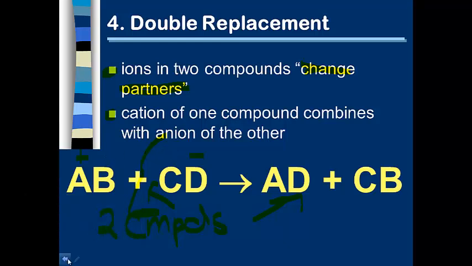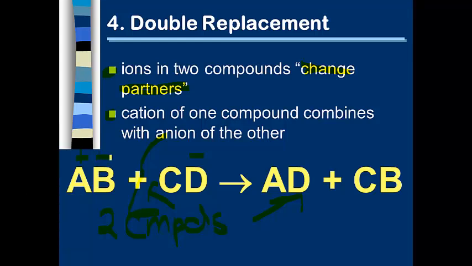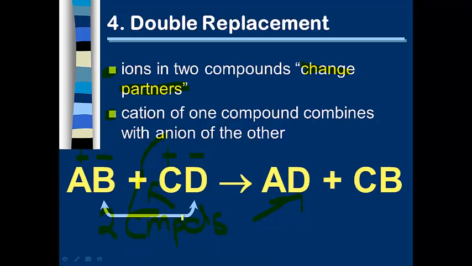You've got a cation and an anion, and then a cation and an anion, and then they're going to switch. So A and the C, you're going to switch places. There you go, it's got the little arrow. And again, two compounds on both sides of the reaction.